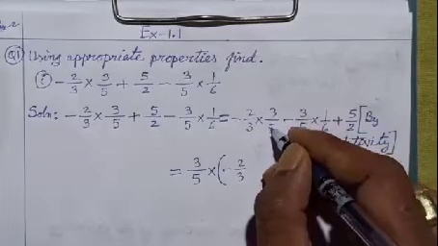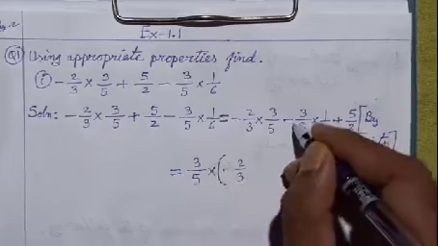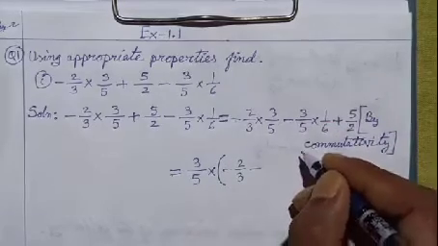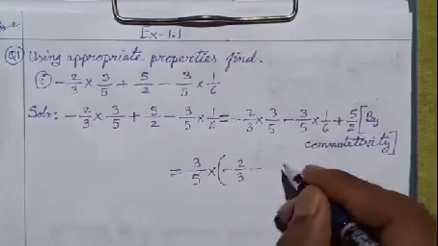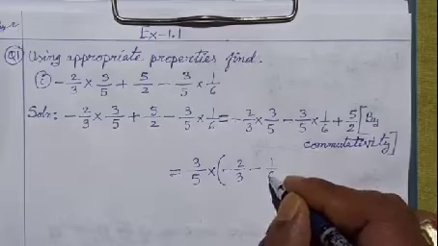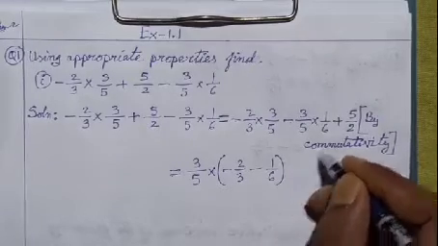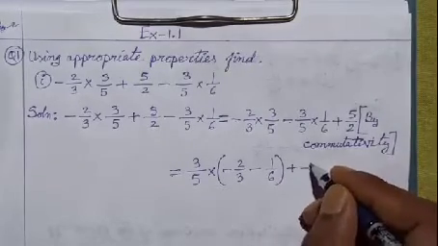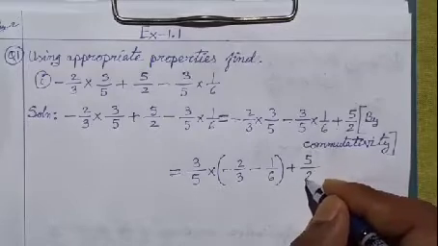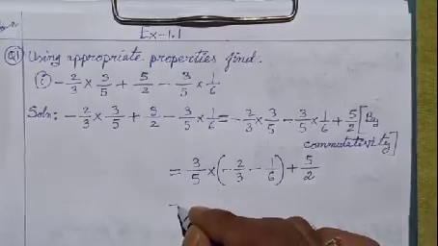This 3 by 5 is taken out, then this minus sign, this 3 by 5 is taken out, 1 by 6 left, then plus 5 by 2.